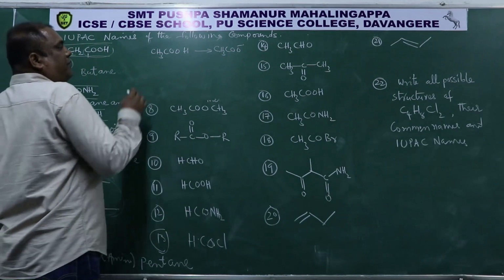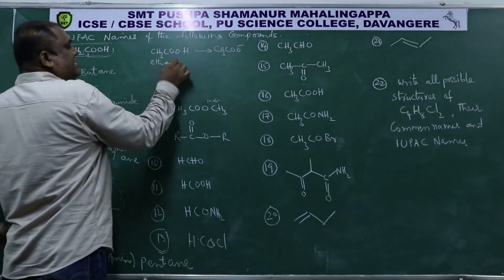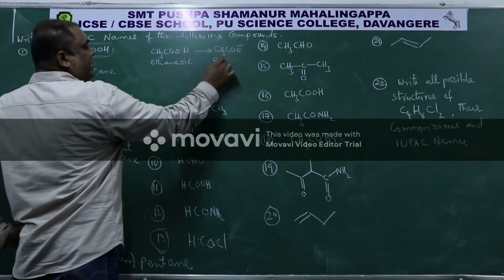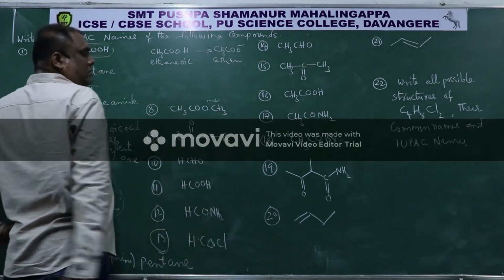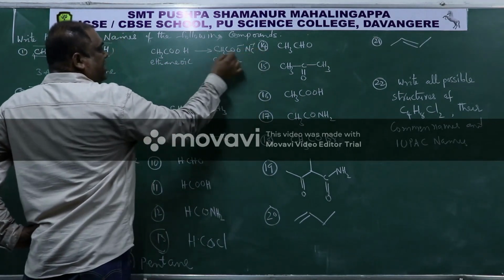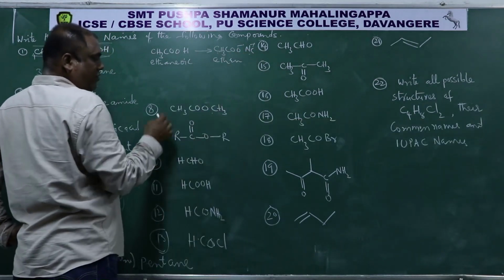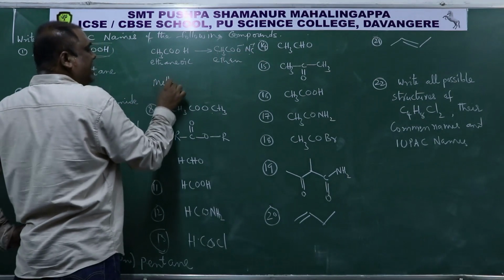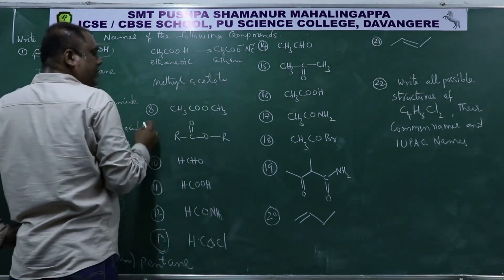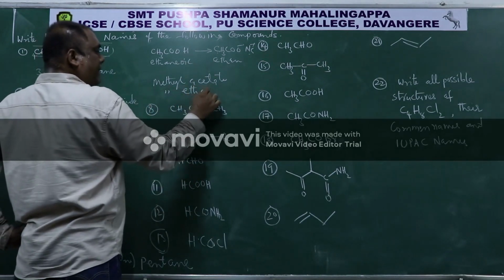But for the IUPAC name, two carbons are there. Therefore the root word is eth, the primary suffix is an, the secondary suffix is oic acid, no prefix. Therefore it will become ethanoate. So if I attach Na to this, it is called sodium acetate or sodium ethanoate. But in place of Na, I have methyl here. Therefore its common name is methyl acetate, and the IUPAC name is methyl ethanoate.